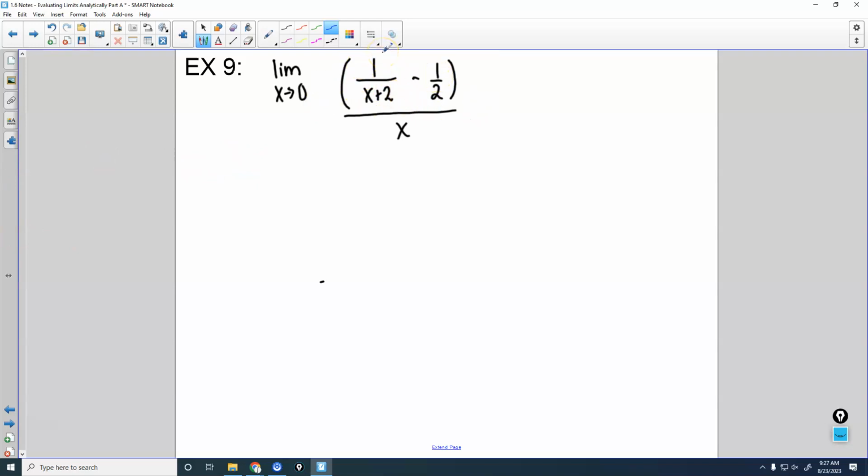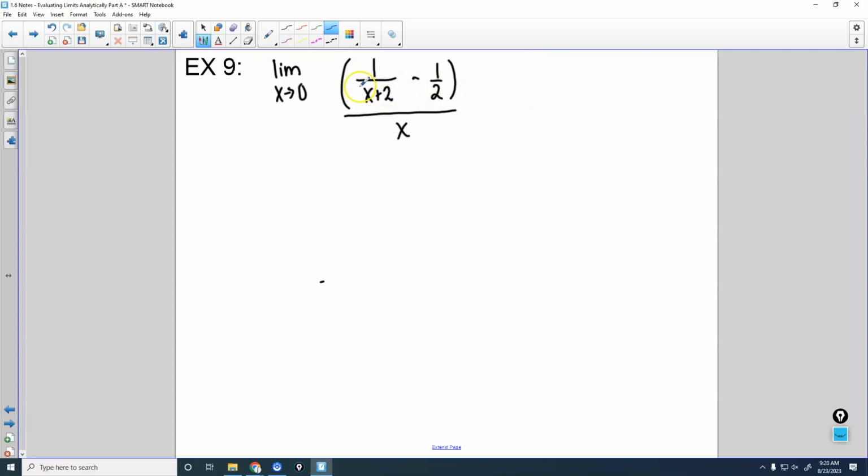We've got two things that are subtracted here. So you have a couple options of how to deal with this. I would probably suggest getting common denominators in that top fraction first, so you can make it one single fraction. Although there is another way that I might show you on some different problems, but right now let's do common denominator.